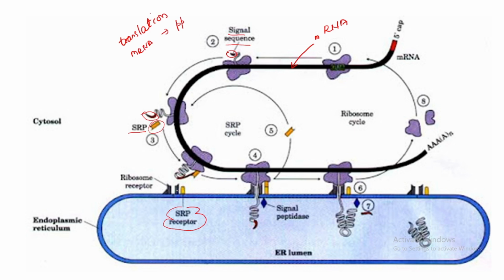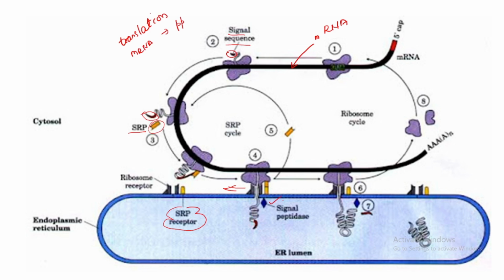Okay, until here I hope you understand the process. And after that, the SRP protein is released. Then from that ribosome, the nascent polypeptide reaches the lumen of the endoplasmic reticulum.